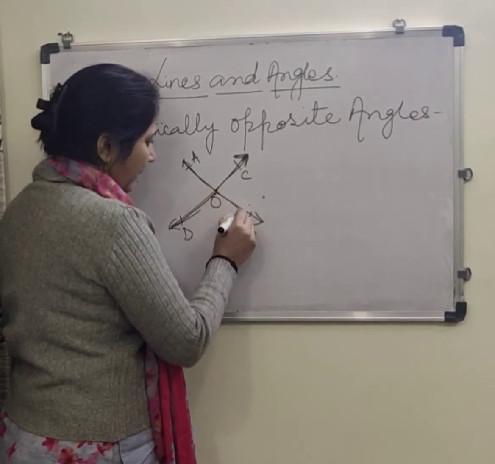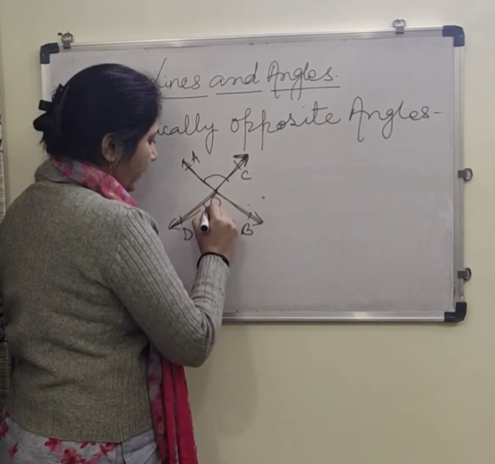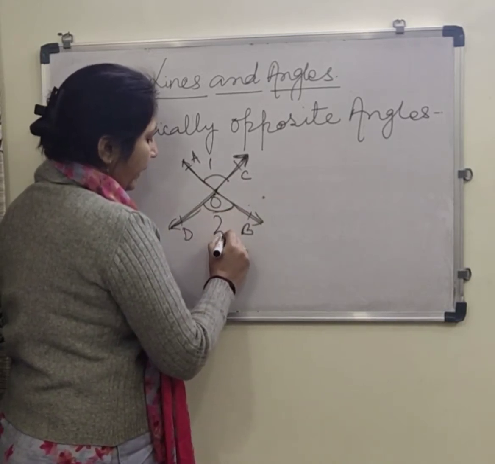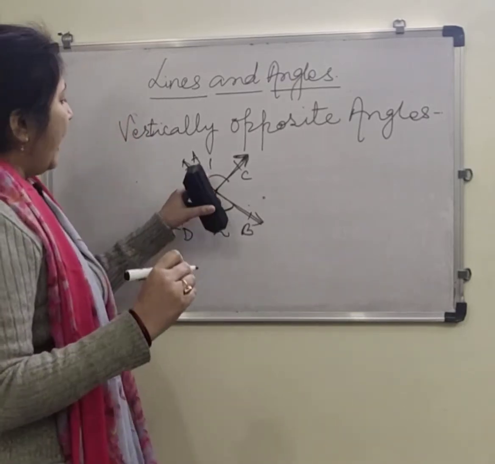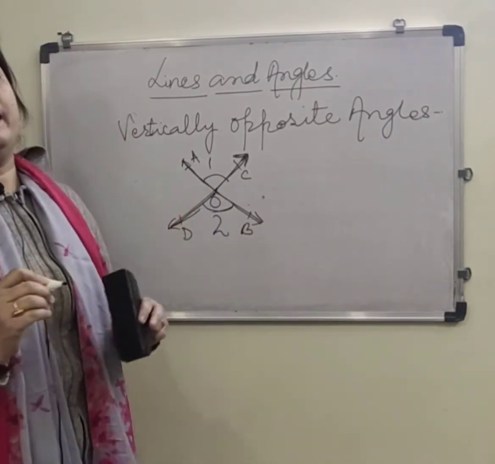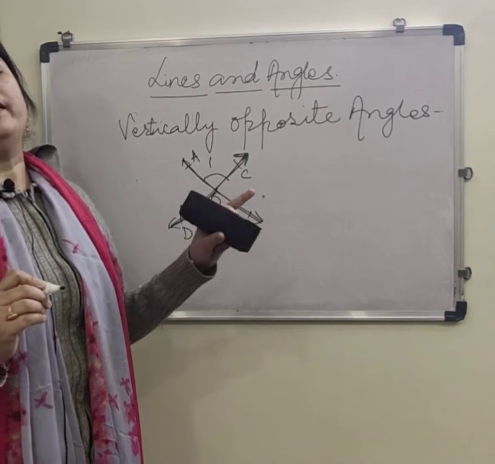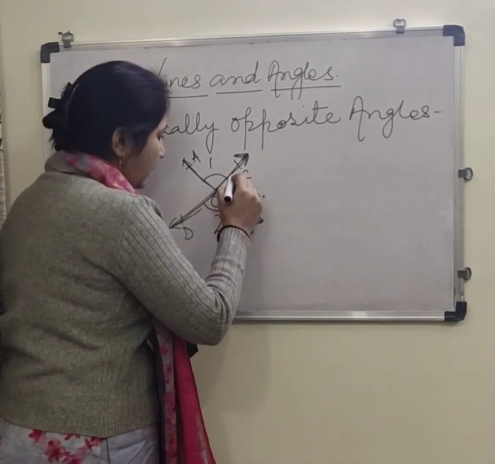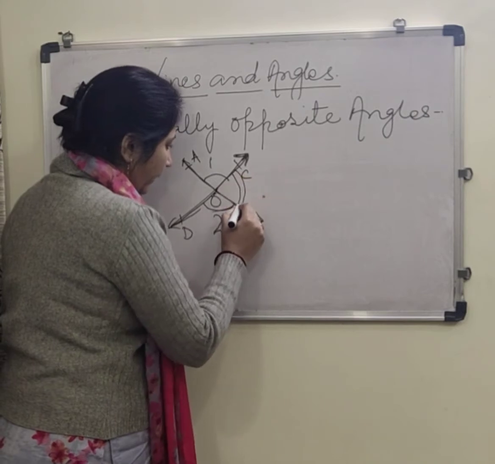You can see them back to back. They are vertically opposite. Let's name this pair as 1 and 2. And they are equal as well. Vertically opposite angles are equal as well. Another pair, this is 3.